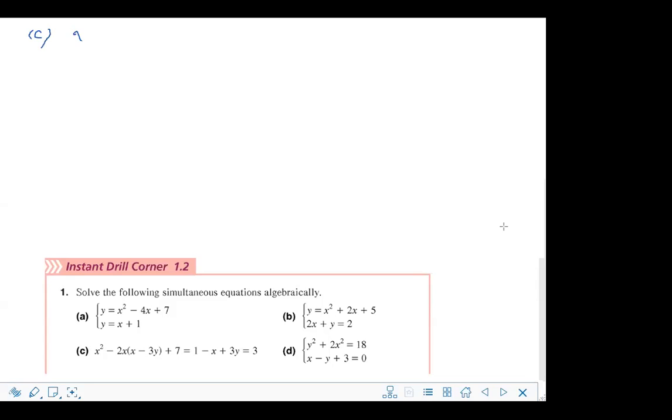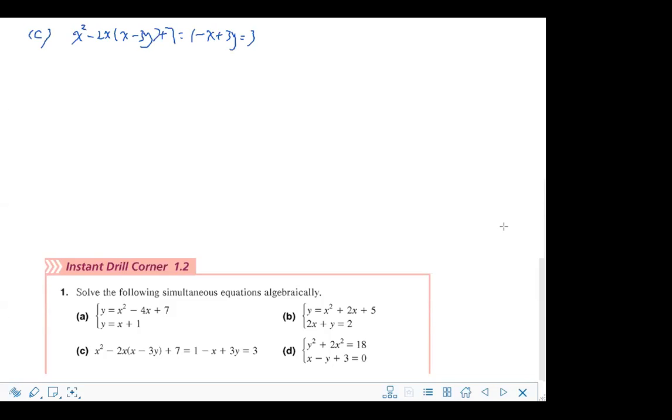So we have x squared minus 2x bracket x minus 3y plus 7 is equal to 1 minus x plus 3y is equal to 3. So we have a three-part equation on this line. So you just need to split this line into two equations.